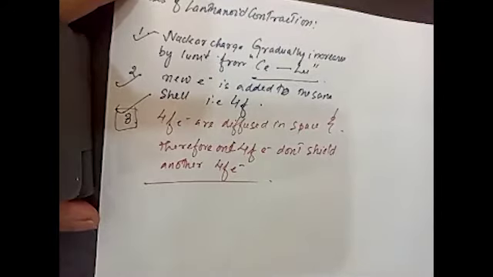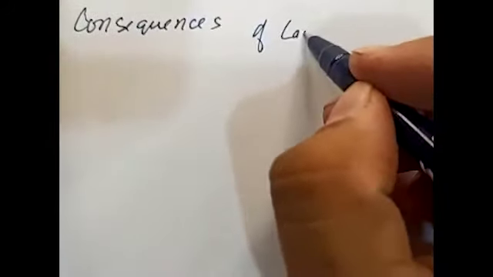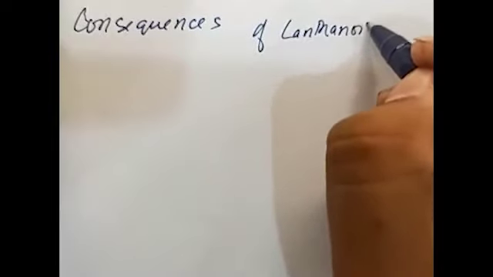So these are the causes of lanthanoid contraction, and now we shall write a few points about the consequences of lanthanoid contraction, and that will be the end of it. Consequences of the lanthanoid contraction.